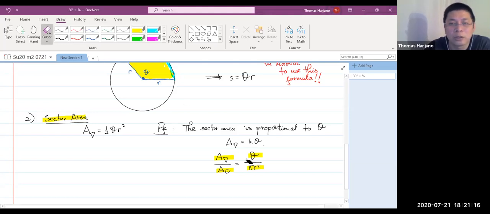Actually, I'm sorry, no, that's not this. The central angle of the full circle is 2 pi. So this is the sector. This is the full circle.